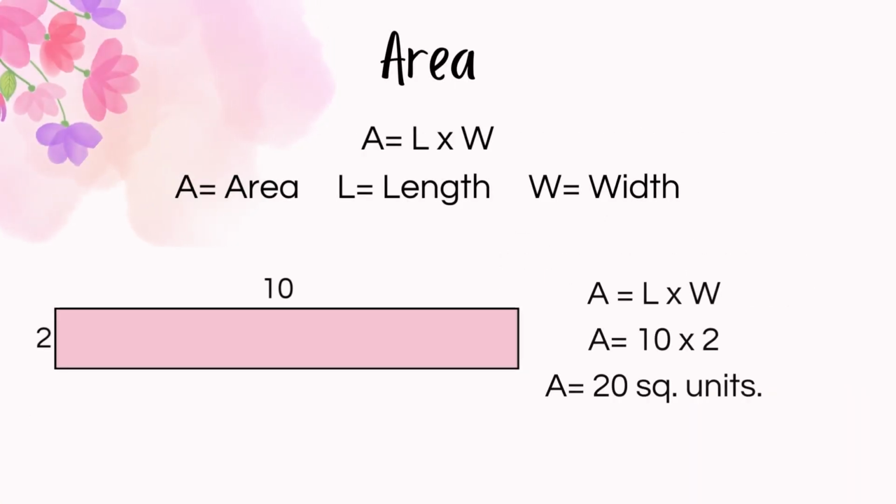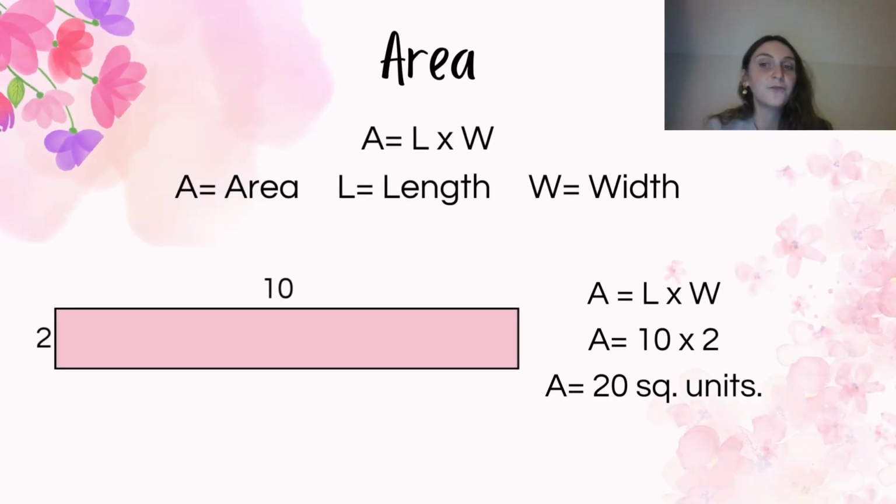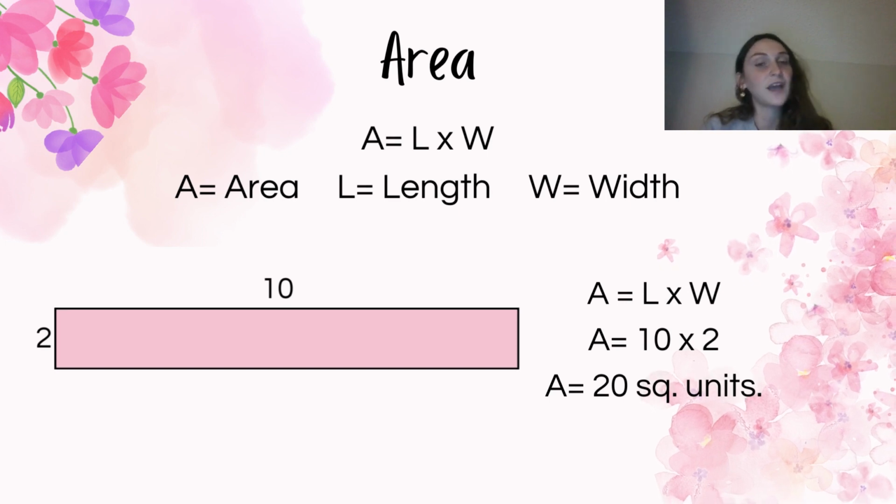Another way of calculating area is applying the formula A equals L times W, where A represents the area of the shape, L represents the length of a shape, and W represents the width of a shape. When looking at our rectangle, we can see that it has a length of 10 and a width of 2.